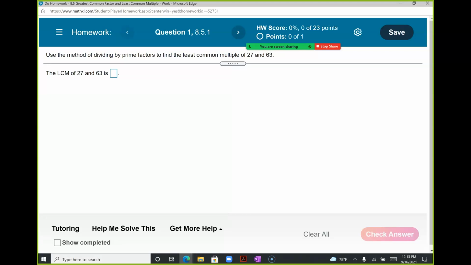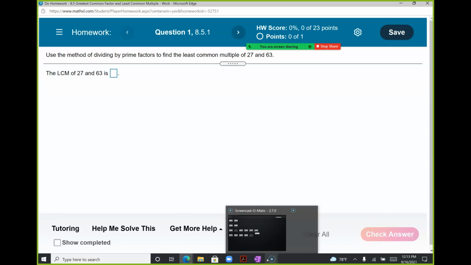All right, let's try the first one here. Less interesting, but LCM of 27 and 63. It says do prime factorization, but let's do both. So prime factorization, and then we're also going to do birthday cake.